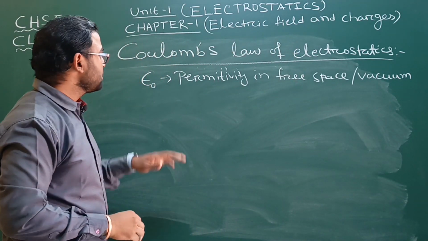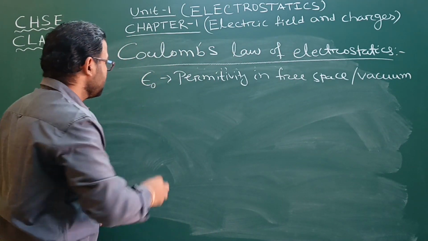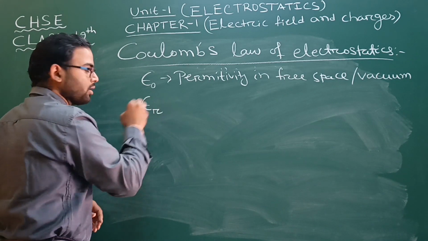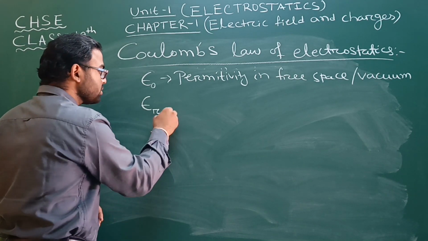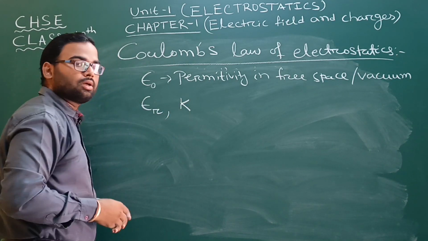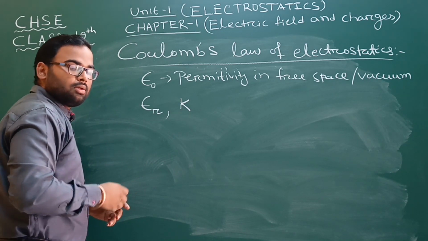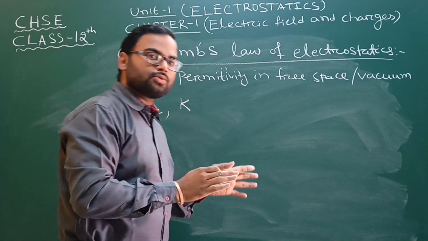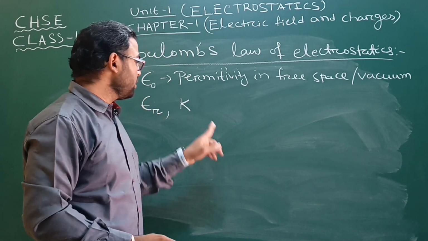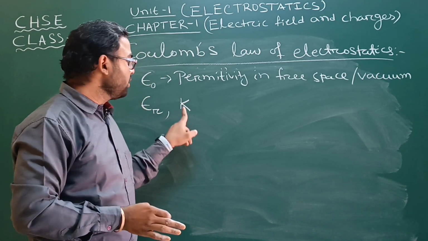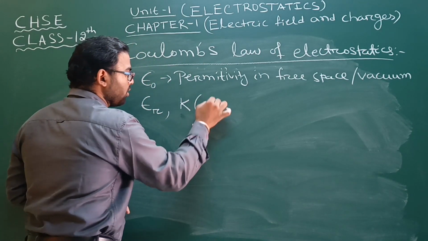There is another permittivity, epsilon r, and another constant called dielectric constant K, which is different from the Coulomb's constant.